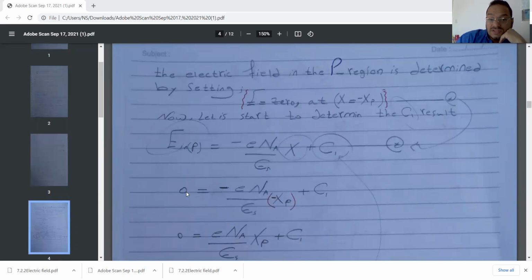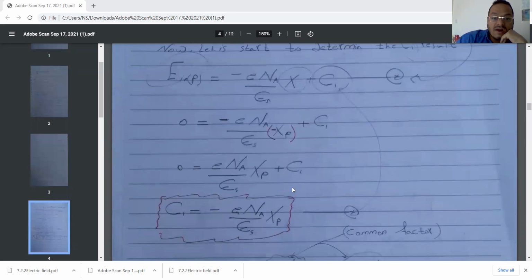Here, 0 equals minus the acceptor concentration divided by the permittivity times minus the width in the p region, plus the integration constant. After that, the integration constant equals minus the acceptor concentration divided by the permittivity times the width in the p region.